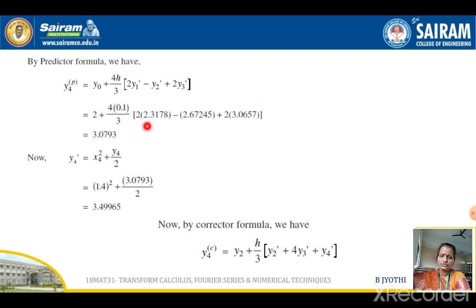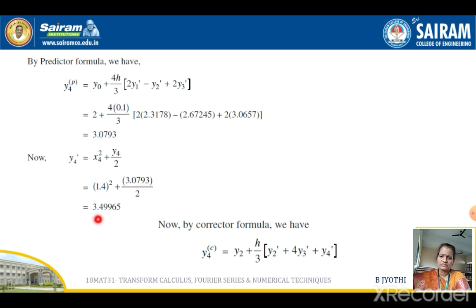Thus on substitution 1.11 plus 0.1 by 2 into 1.21 plus 0.2 plus 1.2436. This on simplification we get 1.2427. This is the final answer of y of 0.2 on second stage.